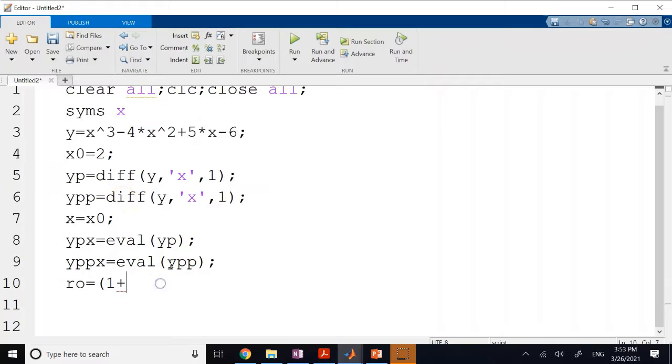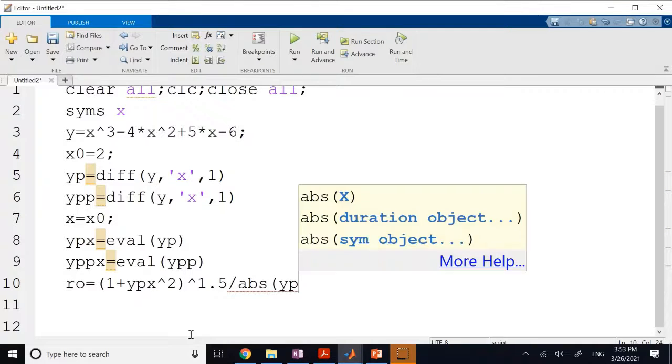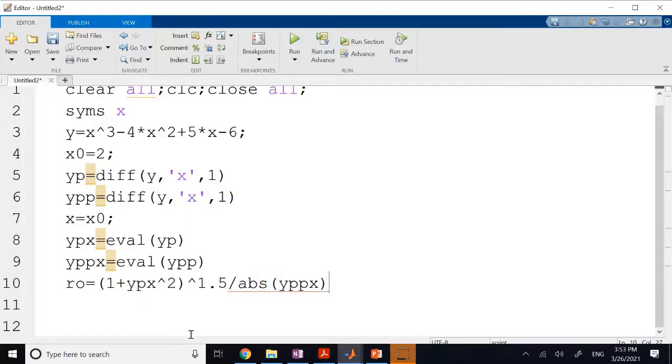And now you say rho equals what? 1 plus this ypx squared, the whole thing to the 1.5, and divided by what? Absolute value of y double prime at that location.